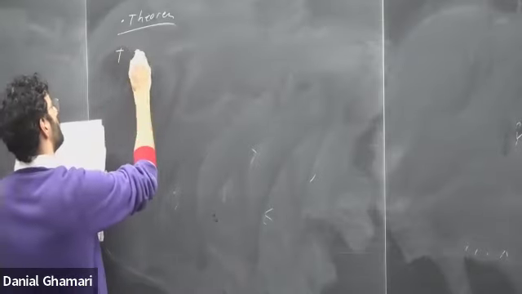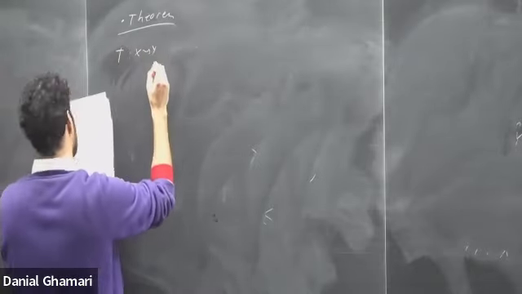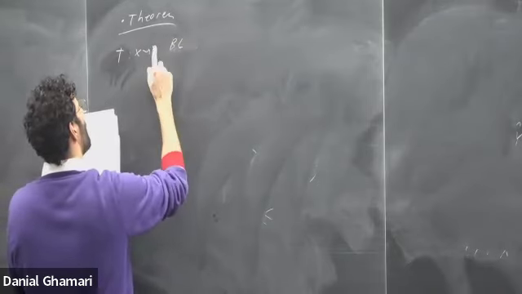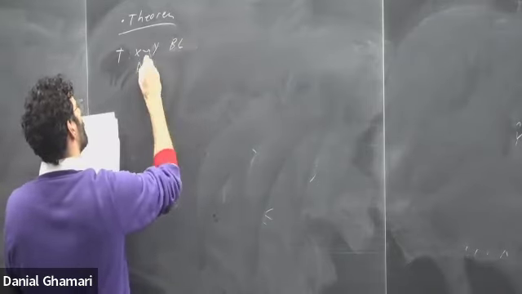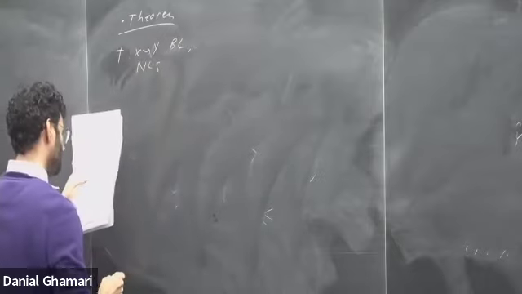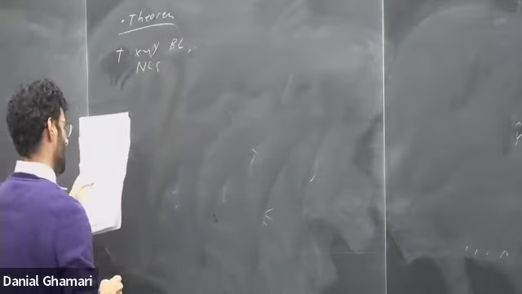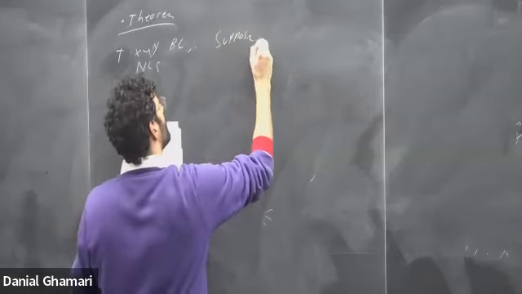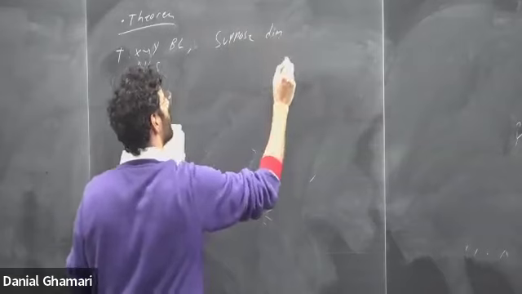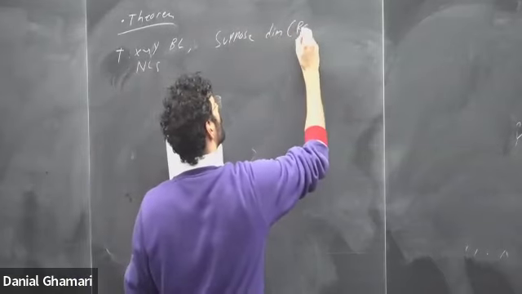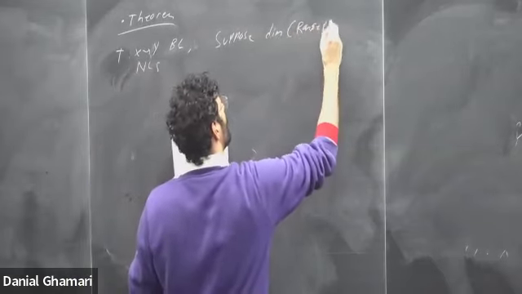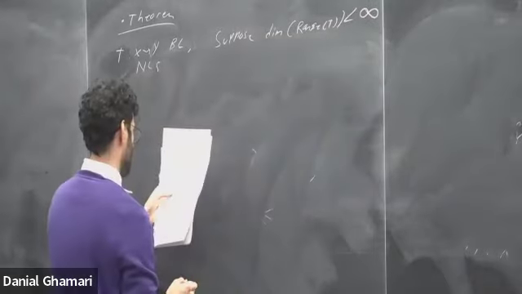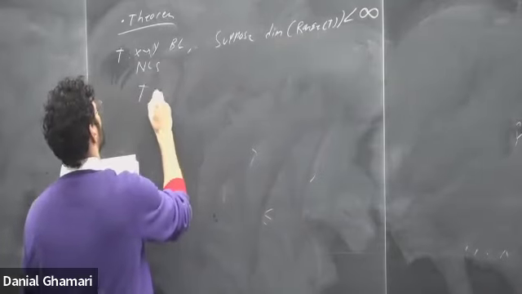Let T from X to Y be bounded linear, where X and Y are normed linear spaces. Suppose that the dimension of the range of T is less than infinity. Then T is compact.